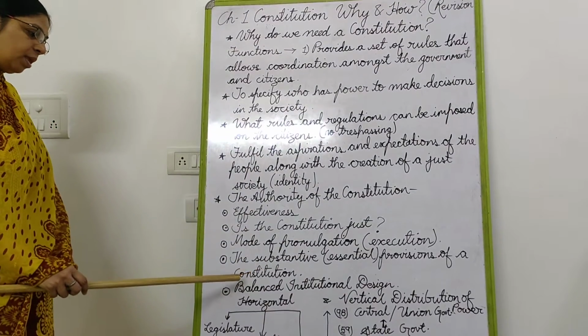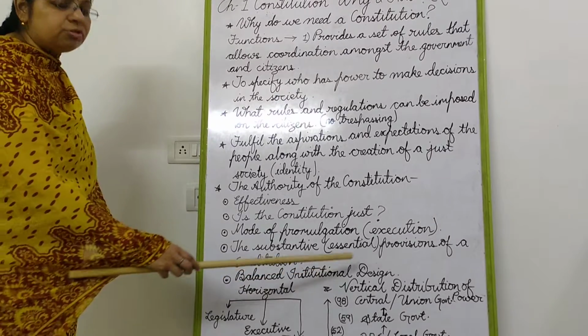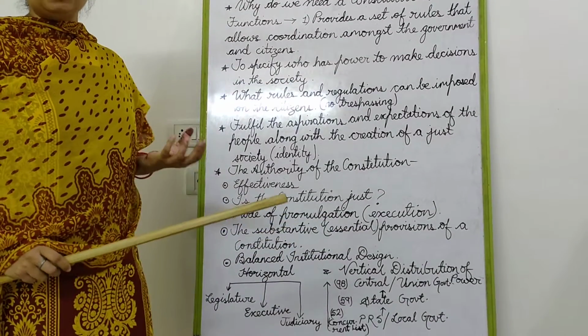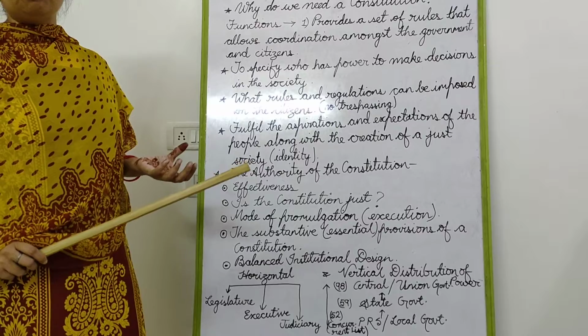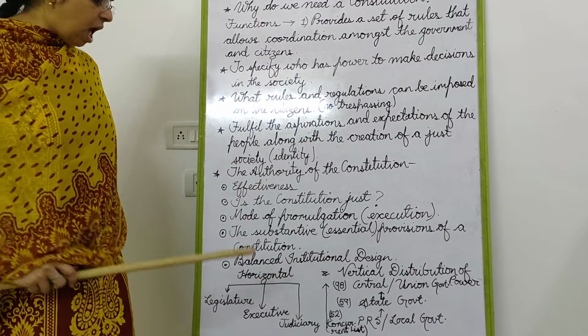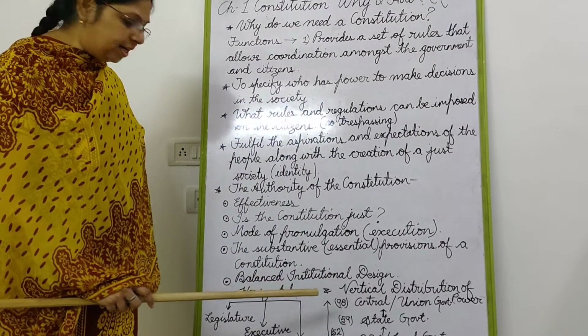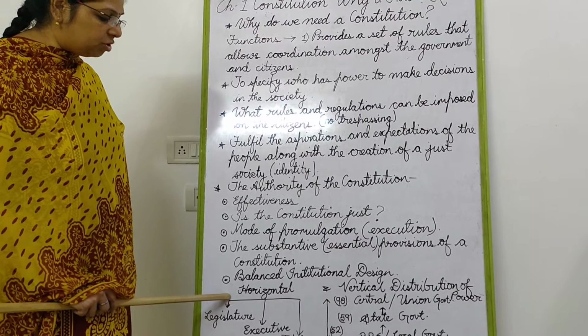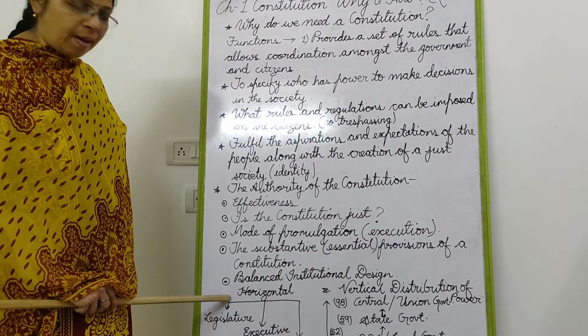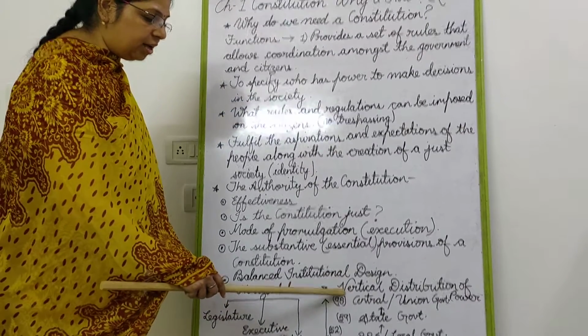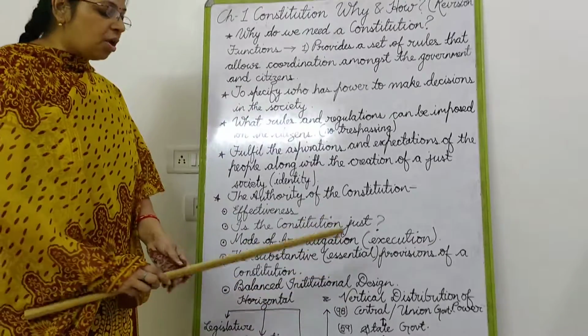Now, balanced institutional design is the basic key to any constitution's success. How have we created balance in India? By having horizontal distribution of power and by having vertical distribution of power.